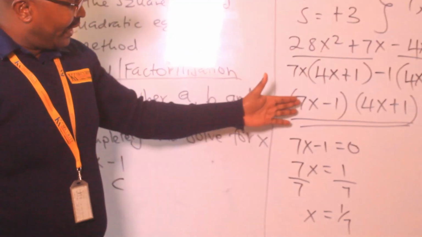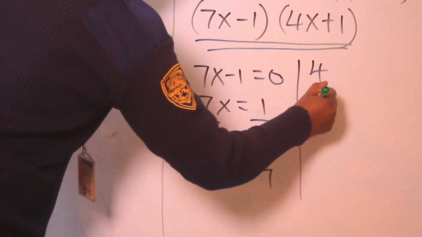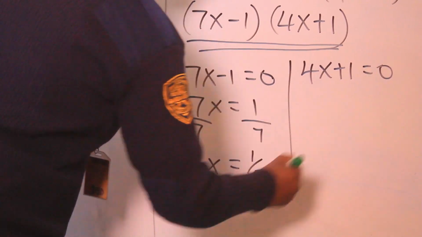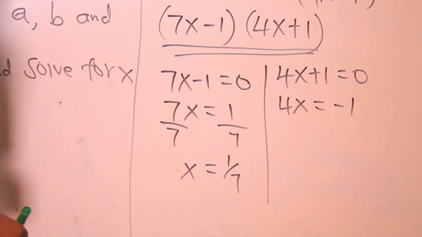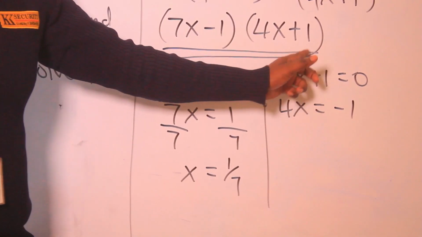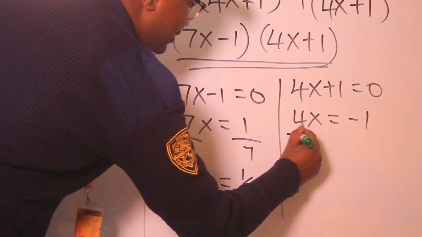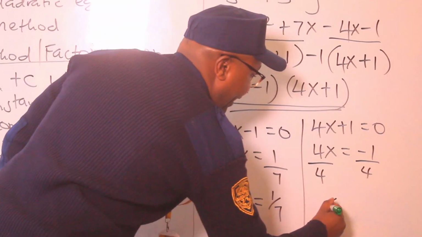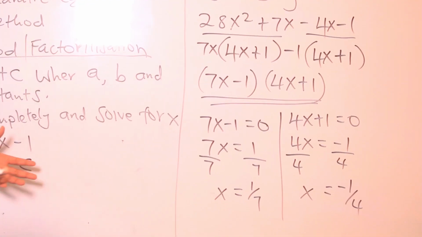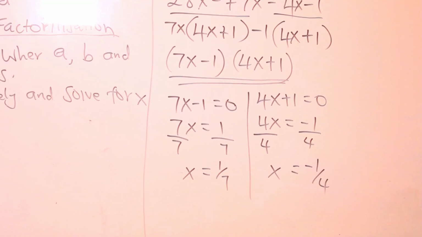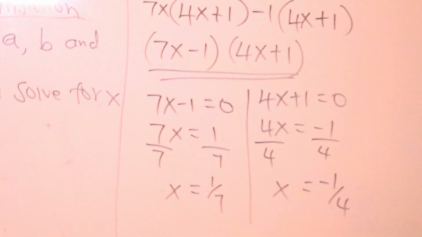Then the second bracket, 4x plus 1 is equal to 0. Then 4x is equal to negative 1. I've moved positive 1 to the other side, and when you move it, it becomes negative 1. Then you divide by 4 on both sides, and x is equal to negative 1 over 4.